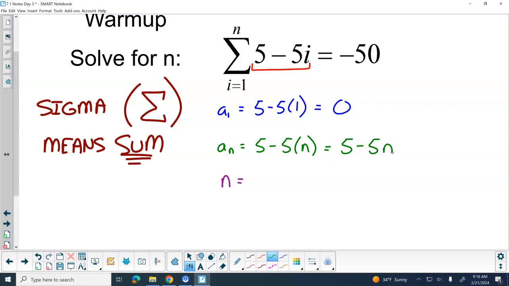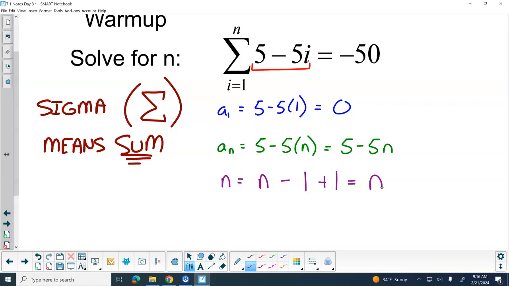Top number minus bottom number plus 1. So top number is n, minus the bottom number 1, plus 1. That gives n total terms. Still don't know what n is, right?